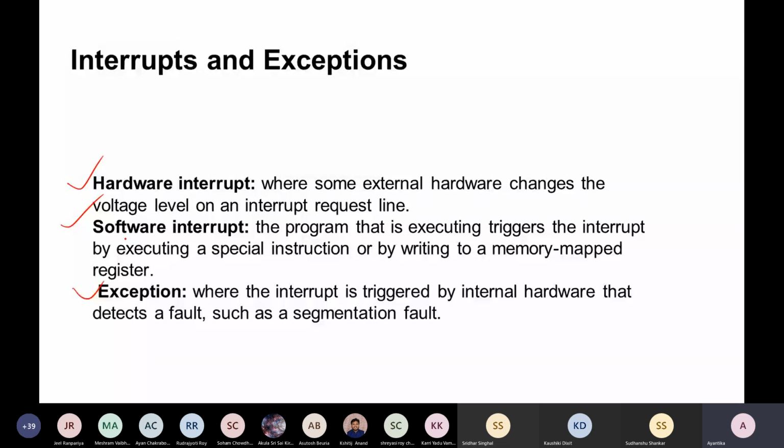That line can get a request from external hardware, or be triggered by a special instruction, and that is the software interrupt coming from within. Next, the exception is caused by some faults detected in the internal hardware.